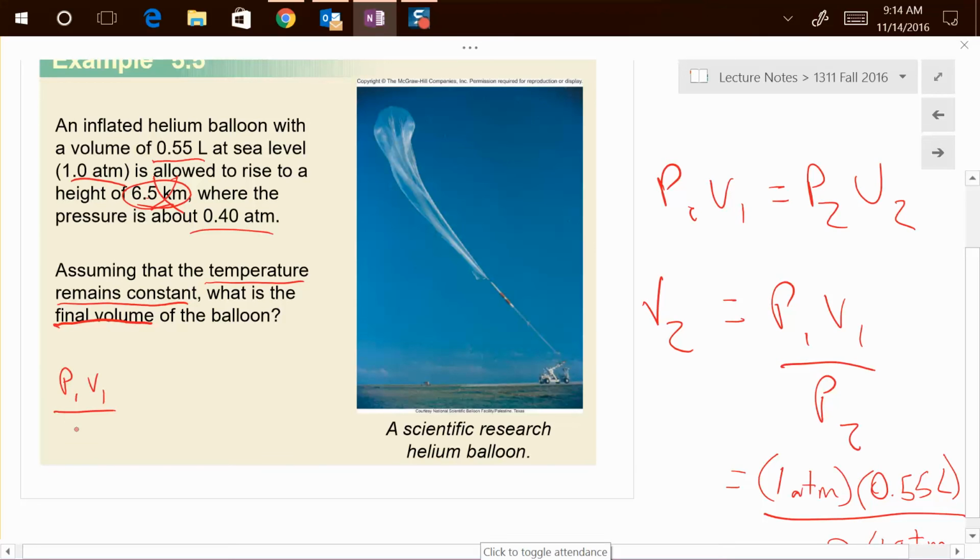Pressure, volume, and temperature changes. Good. If there are pressure, volume, and temperature changes, then that's the combined gas law that I have to use.